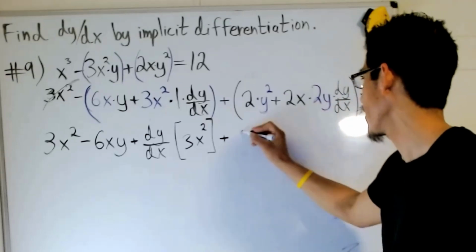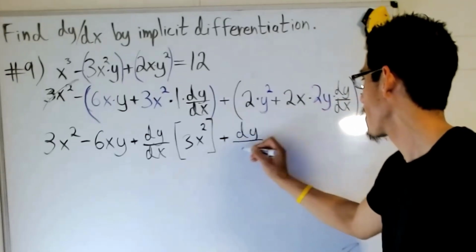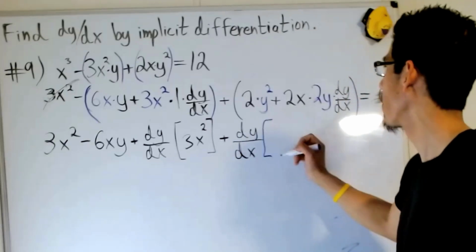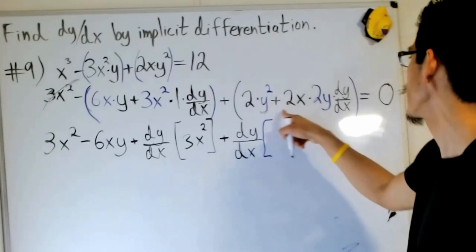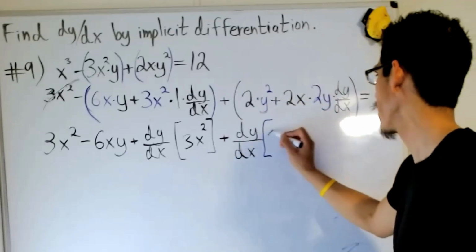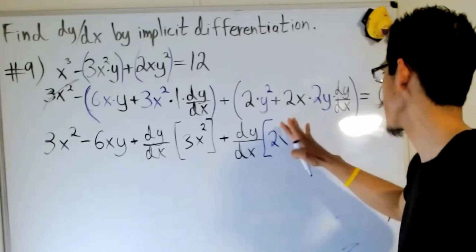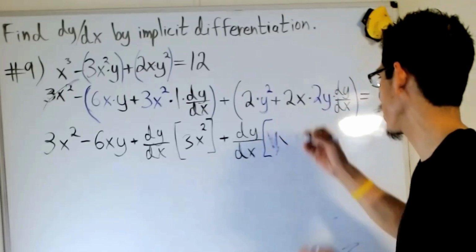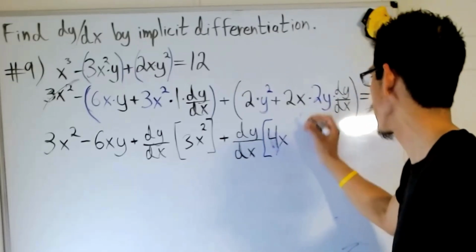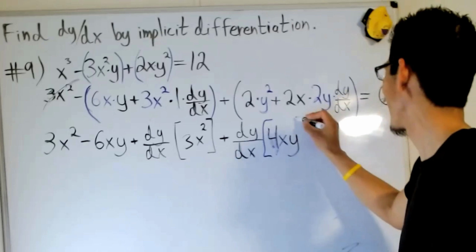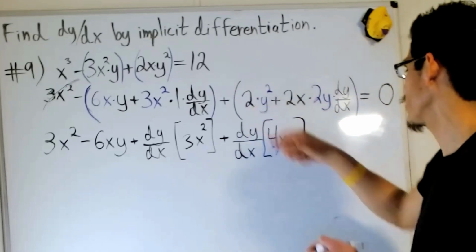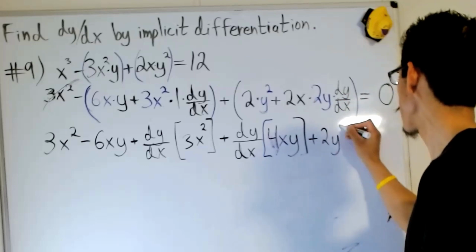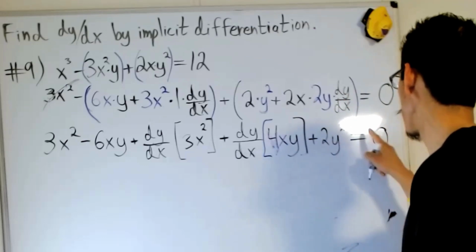So this dy/dx times 2x times 2y. Or let's just make that a 4xy. That'd probably be a lot better. 4xy plus a 2y squared, all equal to 0.